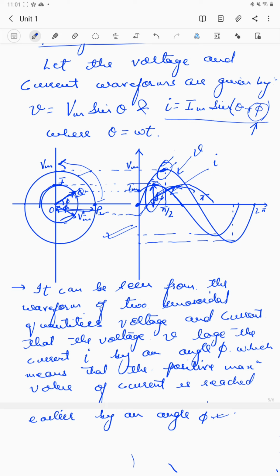Okay, now let's write this in the phasor form.